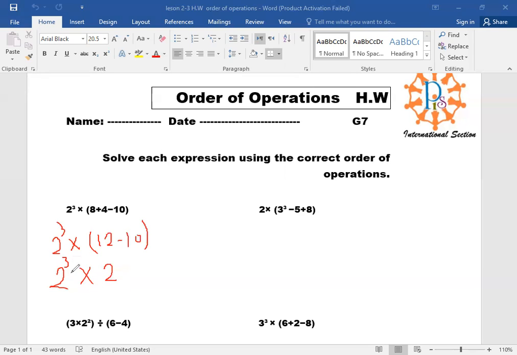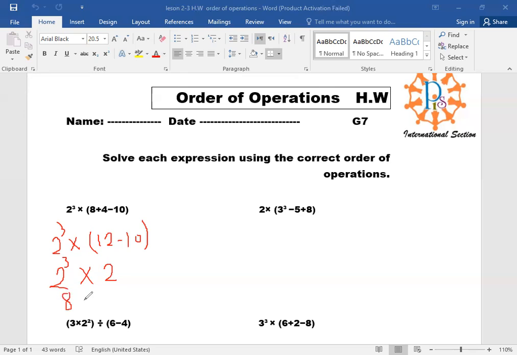Then 2 multiplied by 2 multiplied by 2, which is 8. It will be 8, exactly.